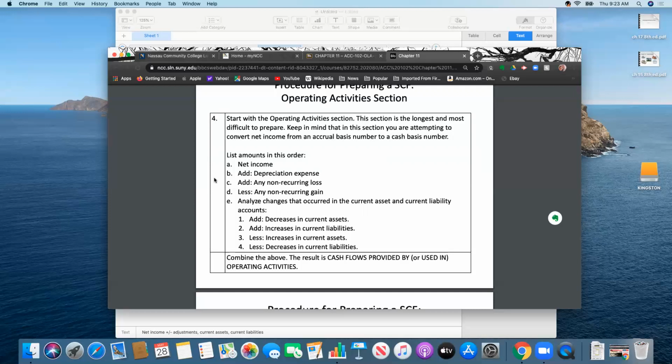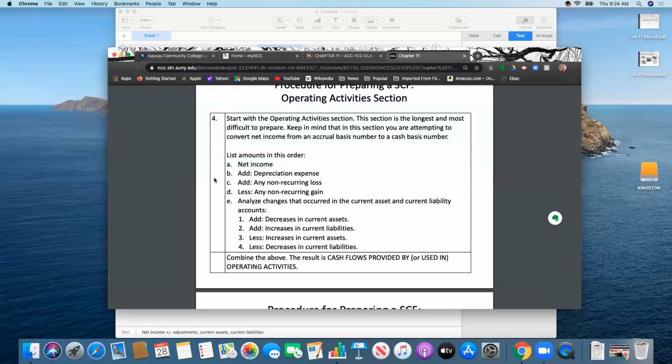So if you pick all these things off, you can put the income statement away. Now you turn to the balance sheet. You look at the current assets, you look at the current liabilities. You look to see what the year-over-year increase or decrease was. And then you do the following.